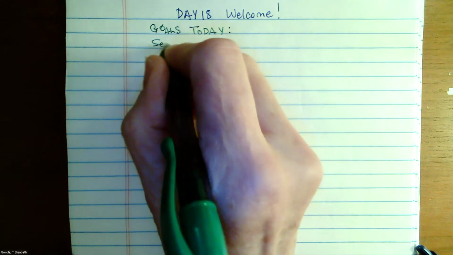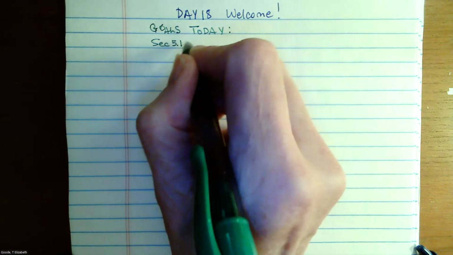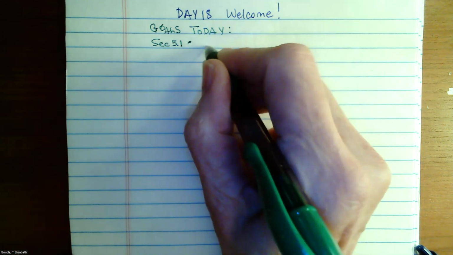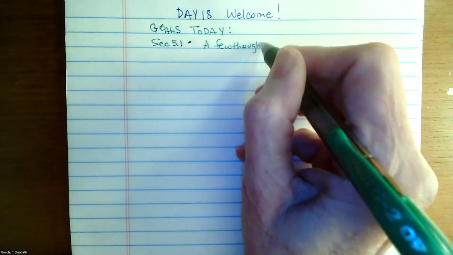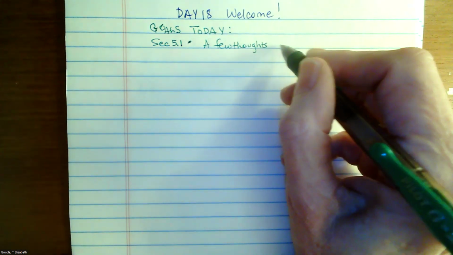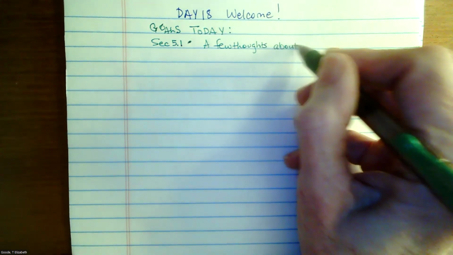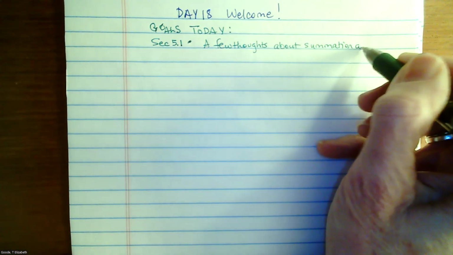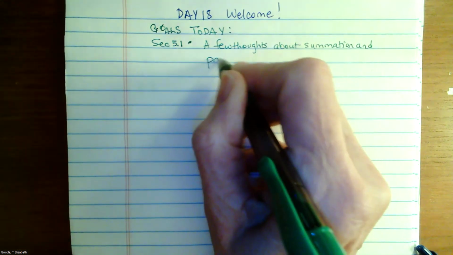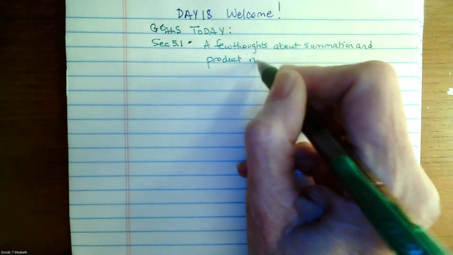We are still going to be in section 5.1 just for a minute because we have a few thoughts still about summation and product notation that we need to discuss that will help prepare us for our proofs by mathematical induction.